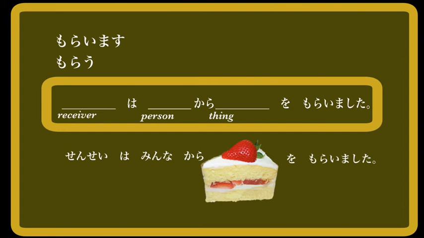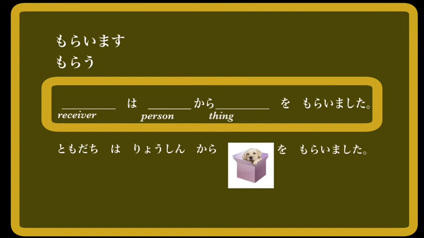The teacher received a cake from everyone. Or we could say tomodachi wa, my friend, ryōshin kara, from her parents, inu o moraimashita. My friend received a dog from her parents.